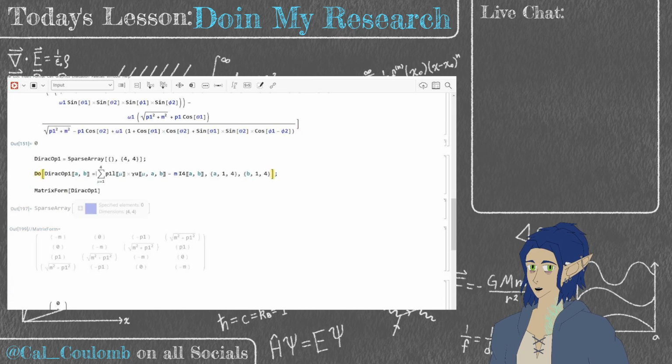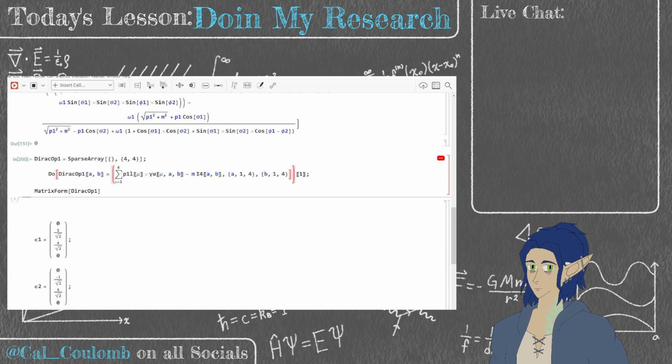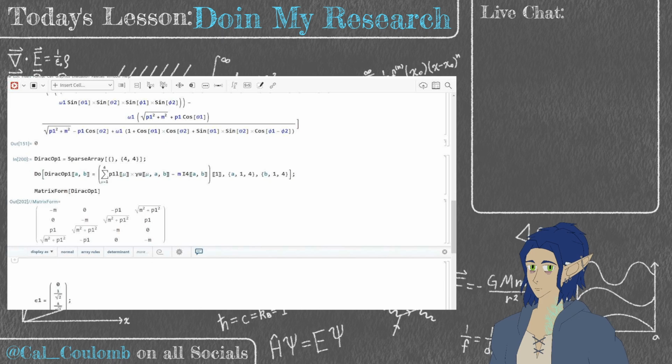Oh, but it is still not interpreting the right number of indices. Uh-oh, no. I need this inside here, not here. And this needs the 1. Yeah, okay. Cool. So that's the first Dirac operator that we want to deal with.